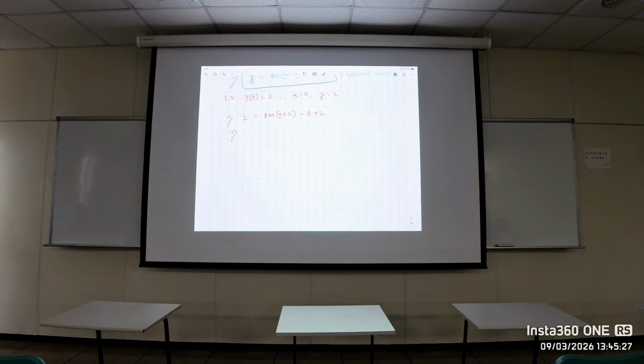That means you are getting c is equal to 0. Then your final answer, specific or particular value, y is equal to tan x minus x plus 2.